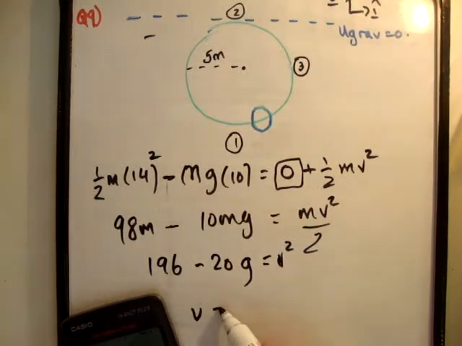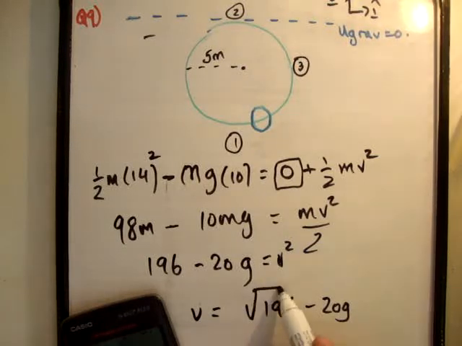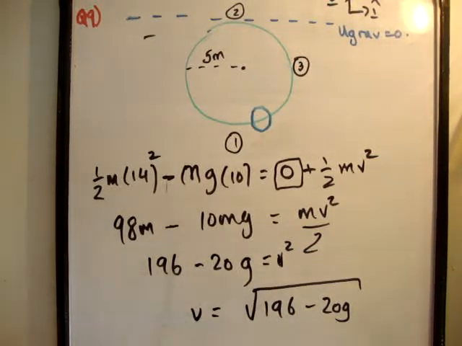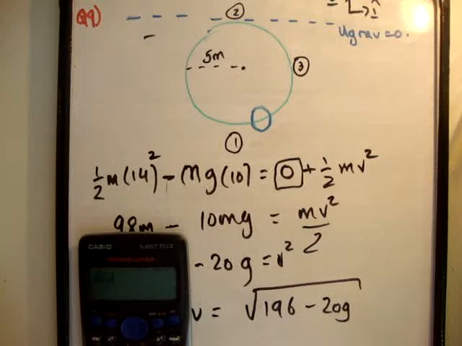So v is equal to the square root of 196 minus 20g. That's pretty straightforward stuff. Let's plug that into the calculator again: 196 minus 20 times 9.81, and square root of that answer.